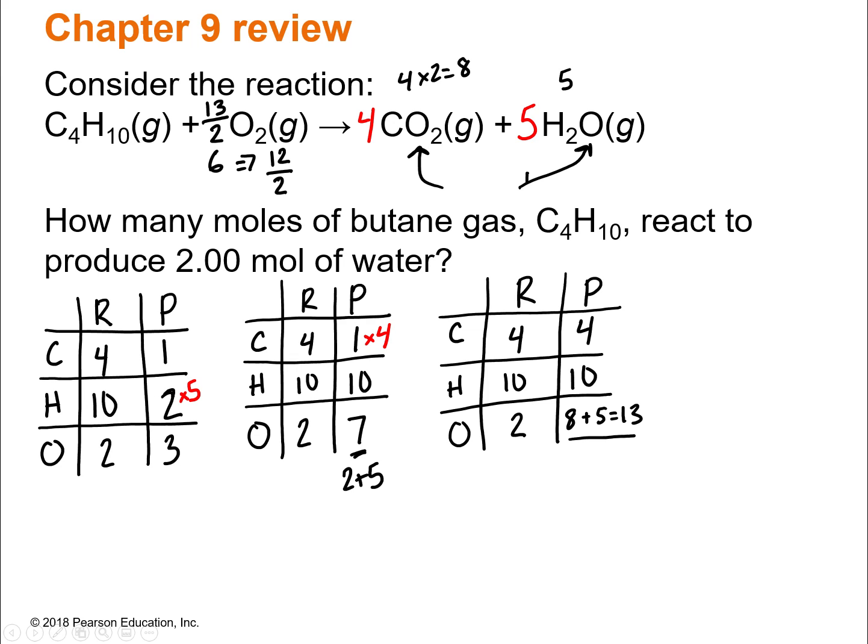And that way, I would end up with the right number of oxygen atoms. But I can't leave a fraction there. You have to multiply everything by 2.